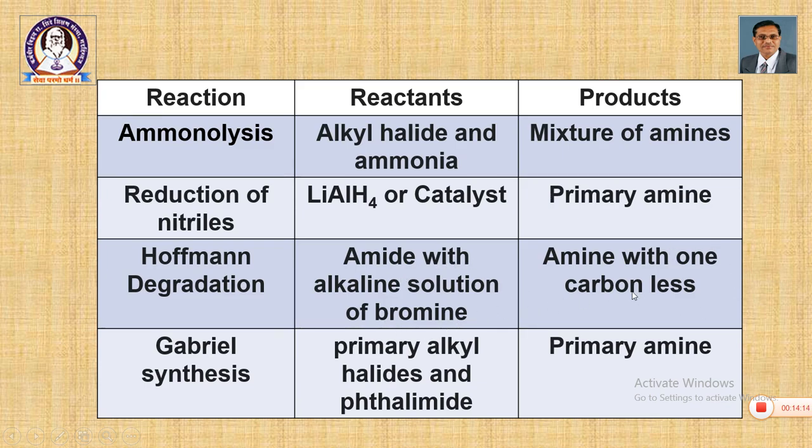We get amine with one carbon less. In the first case we get a mixture of amines, in the second case a primary amine, in the third case an amine with one carbon less, and in Gabriel synthesis we begin with primary alkyl halides with phthalimide, we get primary amine as the product. So these are the four methods of preparation which are expected as per our syllabus.